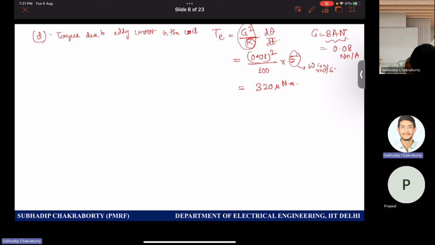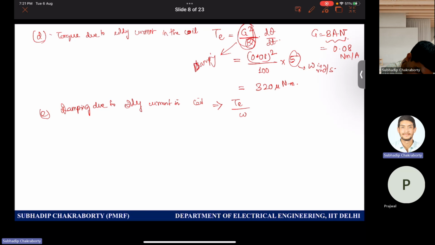Now if you want to calculate the damping due to this torque, the damping due to eddy current in the coil, it is simple. How much is the damping? It is nothing but TE by omega, which is nothing but this factor only. This is the damping factor or damping coefficient.